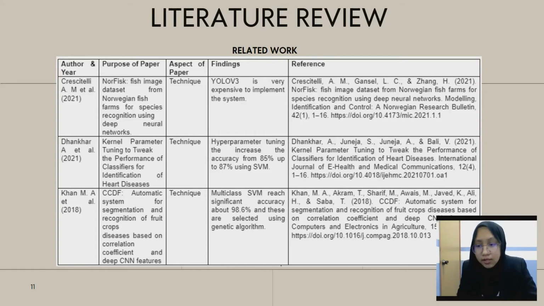The multi-class SVM reached a significant accuracy of about 98.6% with features selected using genetic algorithm. So this is proof of the other paper that said the genetic algorithm performs overall the best in the support vector machine.